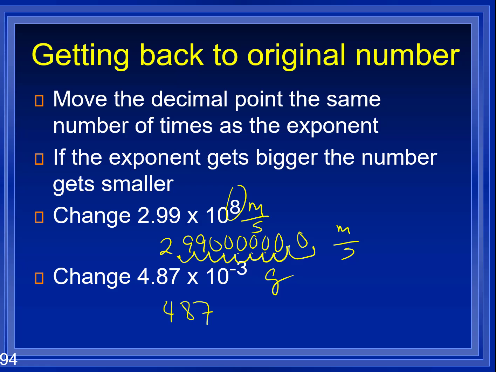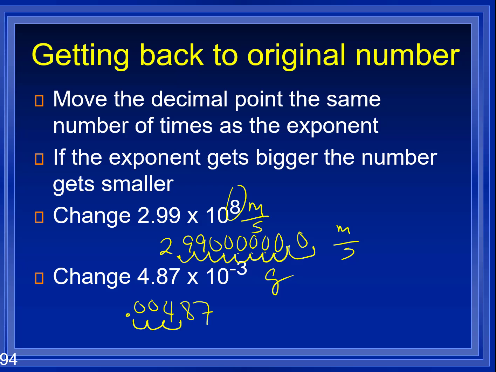I've changed the exponent from -3 to 0, so I've got to move it 3 times. And I'm making the exponent bigger, so I have to make the number smaller. 1, 2, 3. 2 zeros in front of that 487. Fresh reminders?